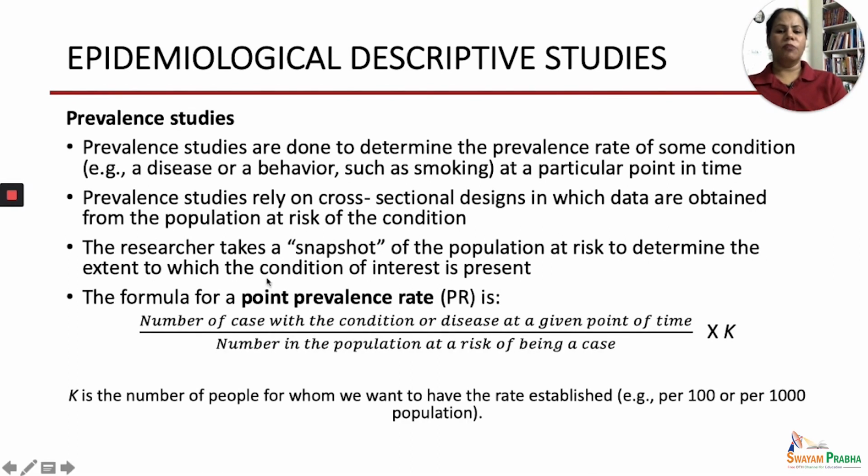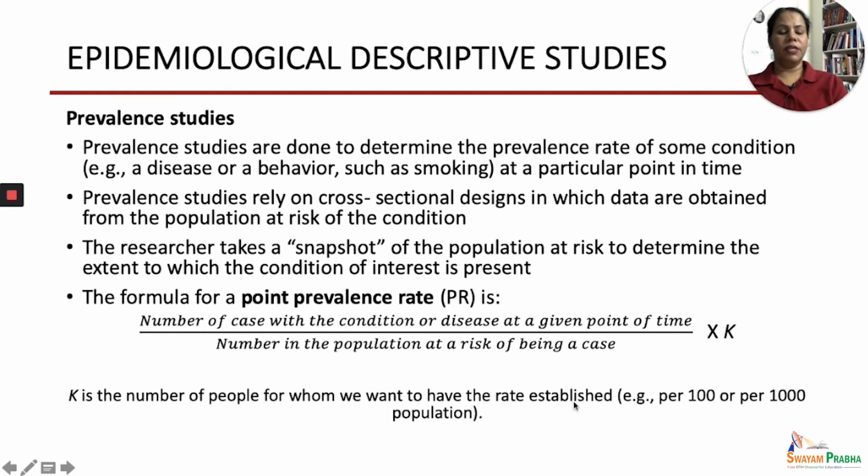The formula for point prevalence rate is number of cases with the condition or disease at a given point in time divided by number in the population at risk of being a case, into K. So here, what is the population and how many cases with the condition were found at a given point of time? K is the number of people for whom we want to have the rate established.